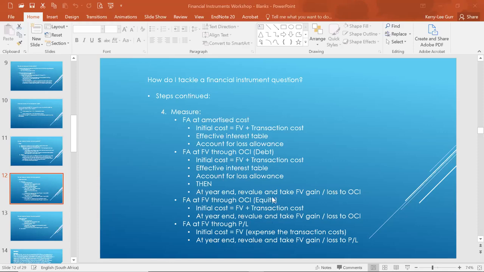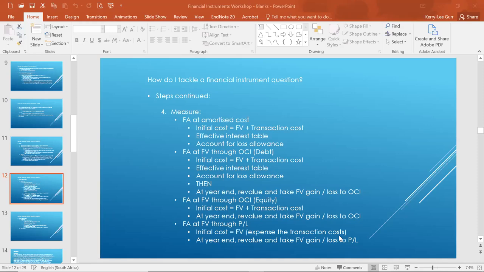Where you have fair value through OCI equity, you see here we don't have that whole table that we need to be cognizant of. So we're not going to worry about interest and repayments and anything like that. Think about it, it's equity, it's shares. So it's a little bit simplified. We're only going to be looking at the changes in fair value at the end of each financial year.